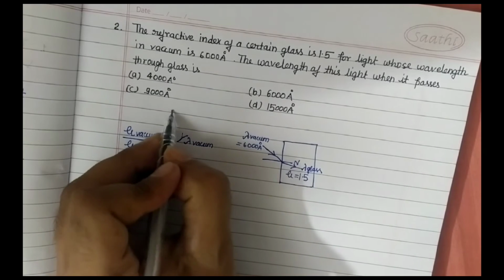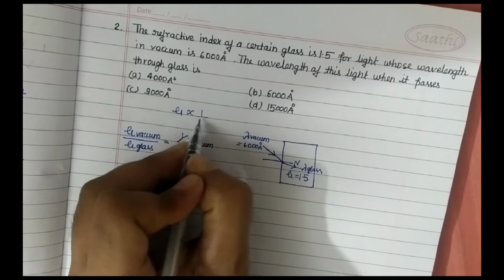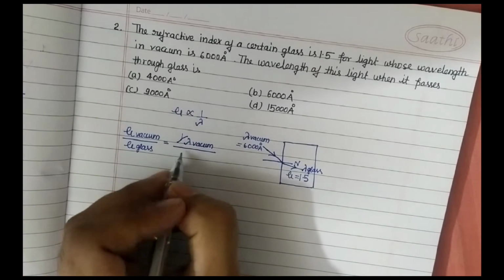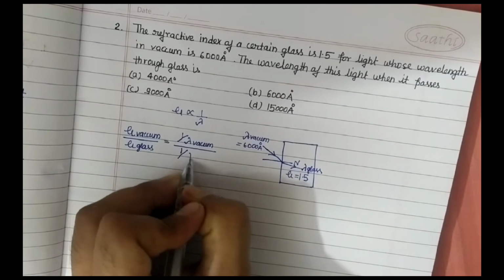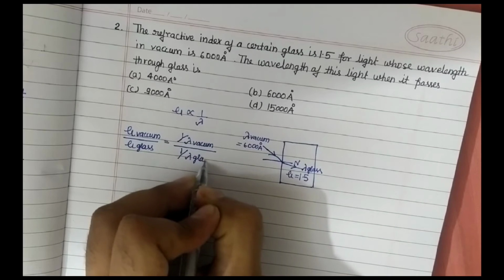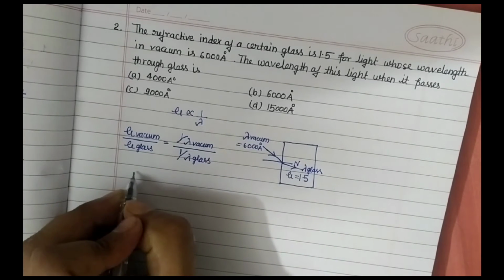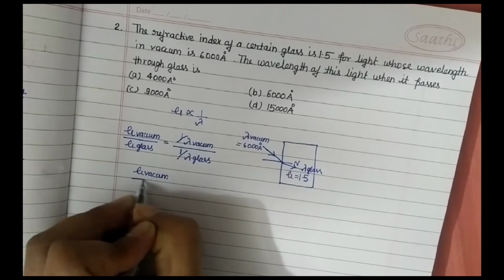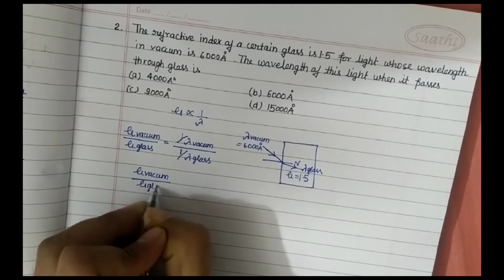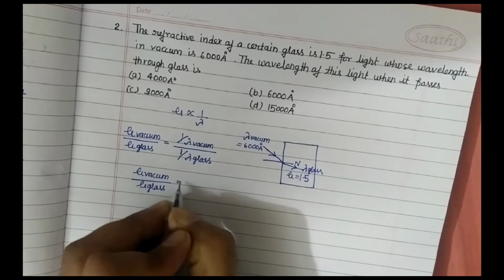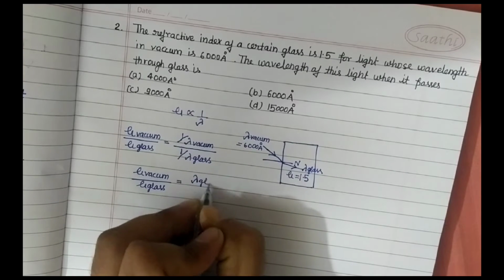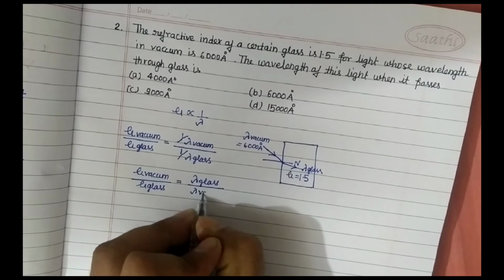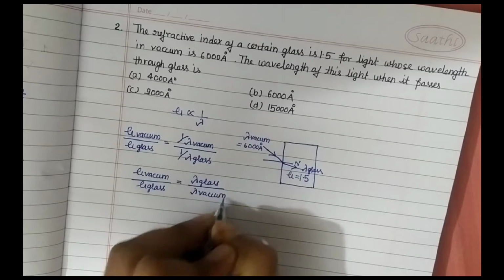We know that nu is inversely proportional to the wavelength. And the refractive index of glass will be 1 upon lambda of glass. So we can write refractive index of vacuum to refractive index of glass as equals to the wavelength of glass divided by wavelength in vacuum.